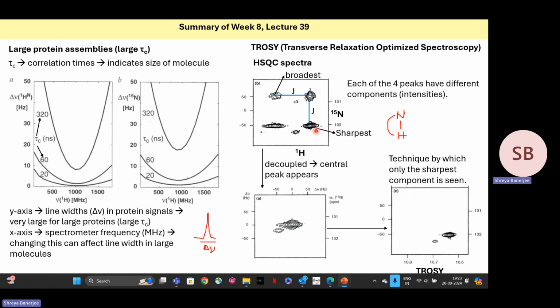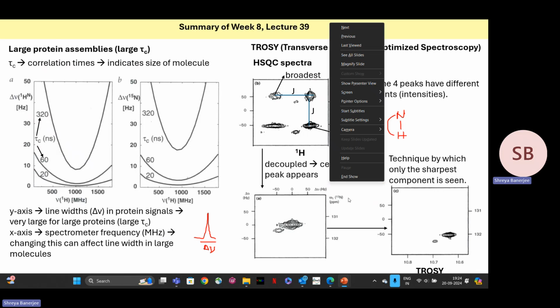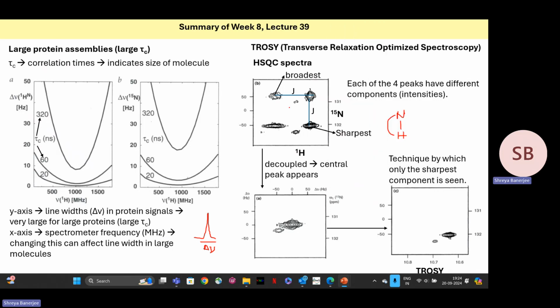If you take the frequency difference between these, you will get the J value, and the frequency difference between these, you will get another J value. Each of the 4 peaks will have different intensities. This is on coupling, where you will observe 4 components. If you decouple, all these peaks will go and only one peak will appear somewhere in the center, which is this one.